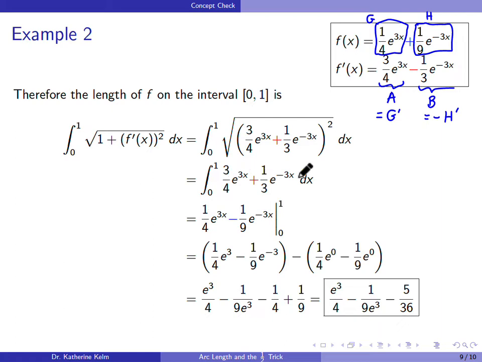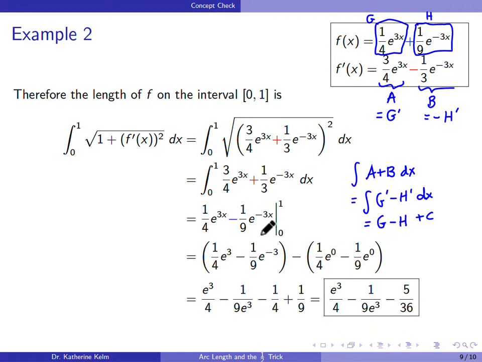So when we end up having to integrate a plus b, we're actually integrating g prime minus h prime, which is g minus h. So it's not a coincidence that we started with g plus h and wound up with g minus h as our antiderivative.